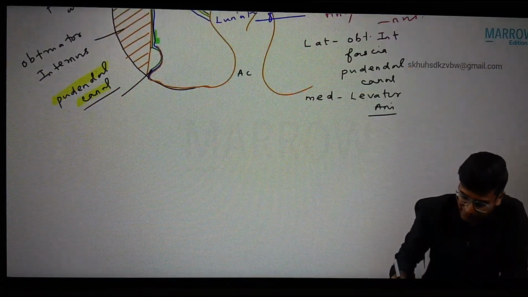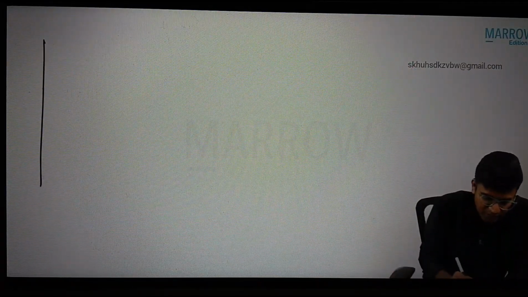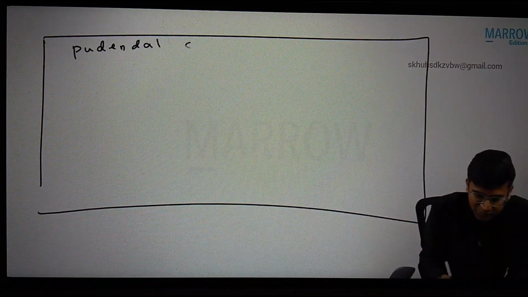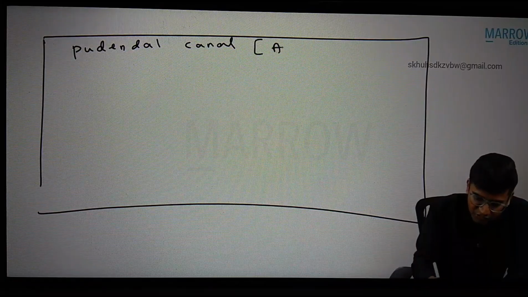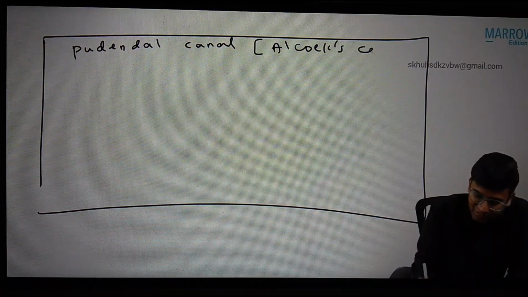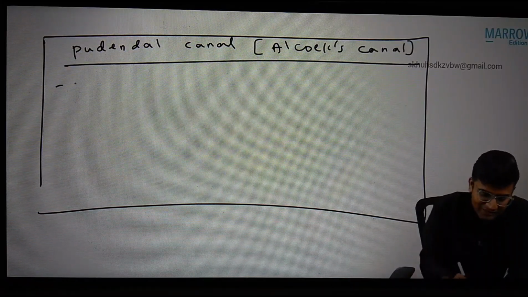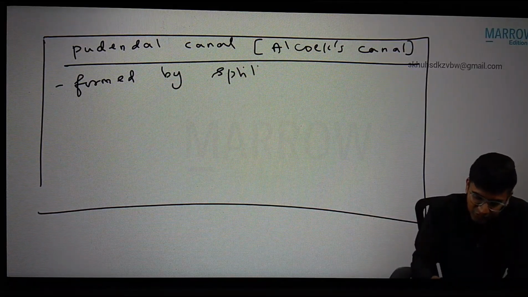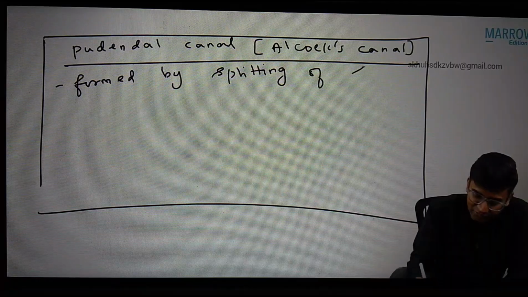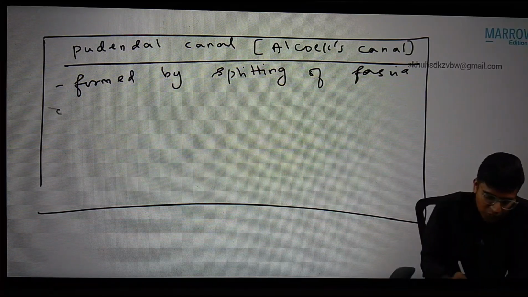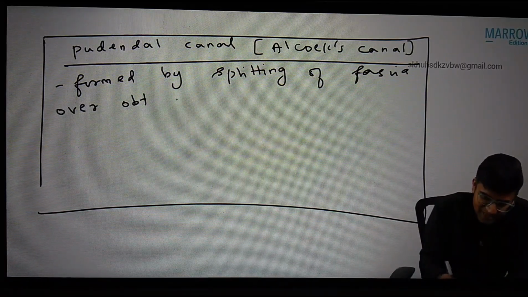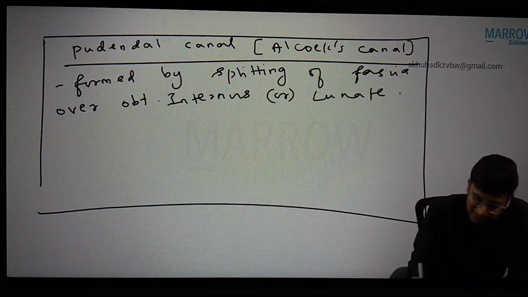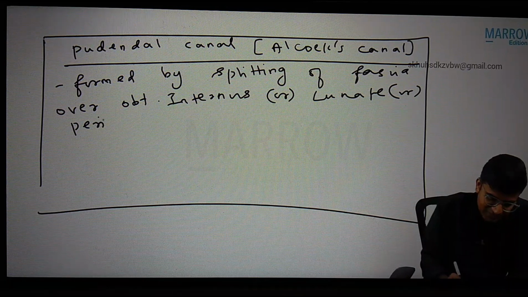So please write: the pudendal canal, also known as Alcock's canal, is formed by the splitting of fascia over obturator internus muscle, or lunate fascia, or perianal fascia.